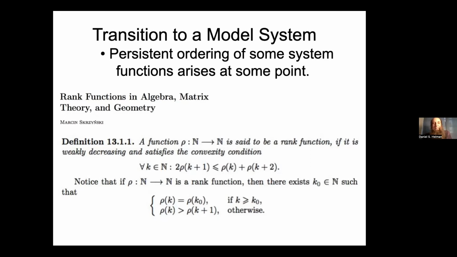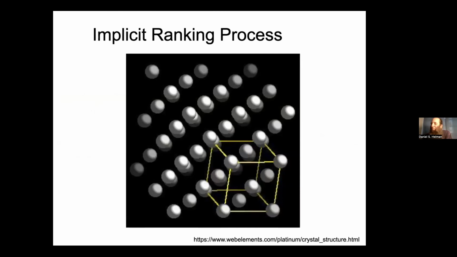Next slide, please. But at its most basic, there's also a drop in entropy in crystals. And this makes sense. This is an image of a platinum crystal, but it's just here, very easy to see the unit cell and how it repeats.